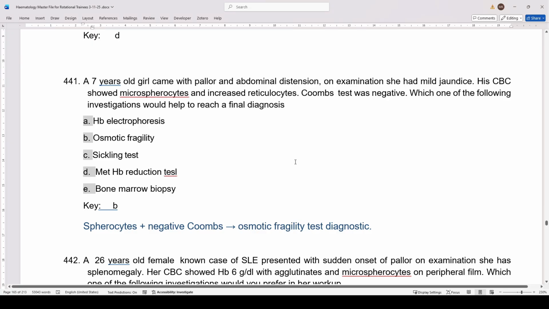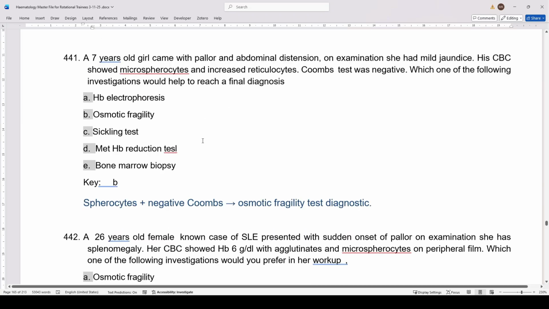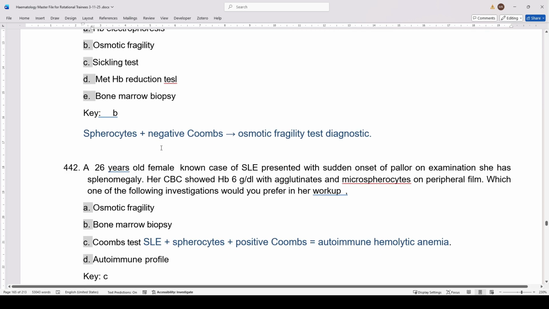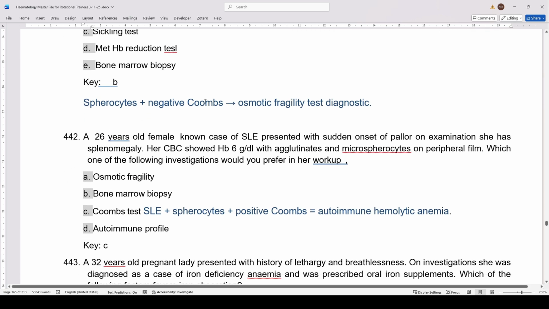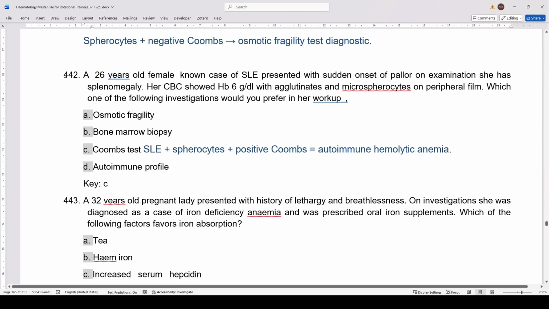Normal cells can resist a little more because they have more surface to volume ratio, as normal cells are biconcave in shape. So when the water comes inside, they can resist to a certain extent. But if the cells are already spherocytic, they are small, so they will not resist and they will burst. Okay. Spherocytes plus negative Coombs, osmotic fragility test is diagnostic of hereditary spherocytosis.